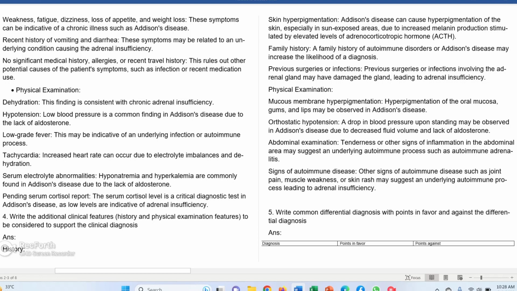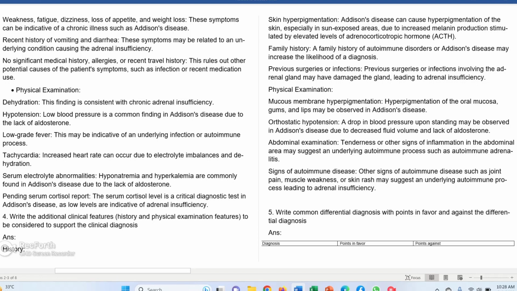Physical examination. Mucous membrane hyperpigmentation. Hyperpigmentation in the oral mucosa, gums and lips may be observed in Addison disease. Orthostatic hypotension, a drop of blood pressure upon standing, may be observed in Addison disease due to decreased fluid volume and lack of aldosterone. Abdominal examination.